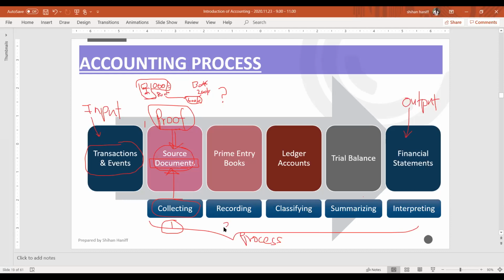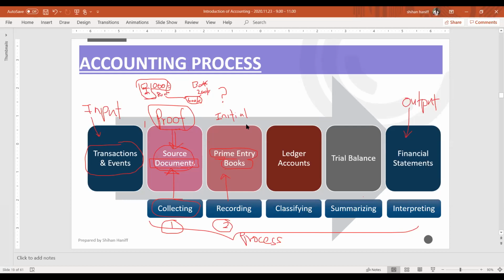Then the second step, we record in a set of books. We call them prime, meaning initial set of books. Prime entry books. Right? So mainly we learn 7 prime entry books: cash book, petty cash book, purchases, sales, return inward, return outward, and the general journal, which I will explain later.